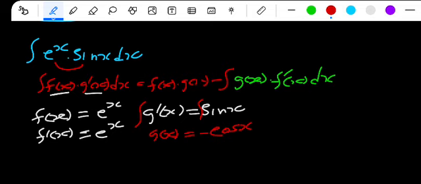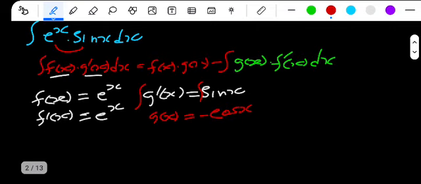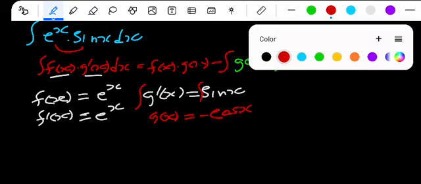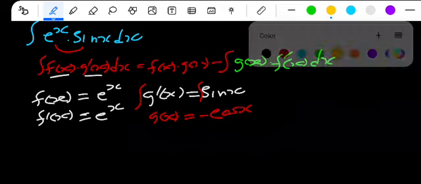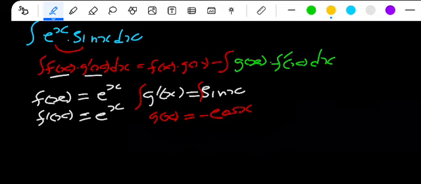So we'll substitute into our formula. Let us use the formula. We'll continue there, substituting into the formula.